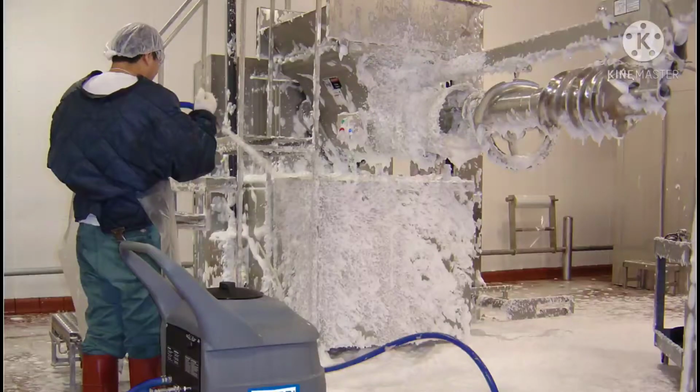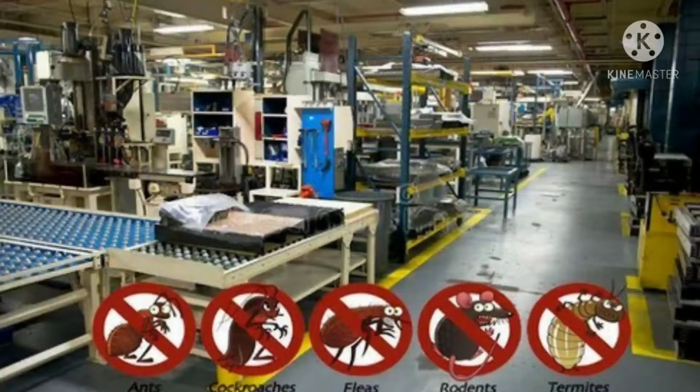FBOs should have necessary cleaning and disinfection methods and materials. Cleaning and disinfection programs should be continually and effectively monitored for their suitability and effectiveness. Pests create a major danger to the safety and suitability of food.